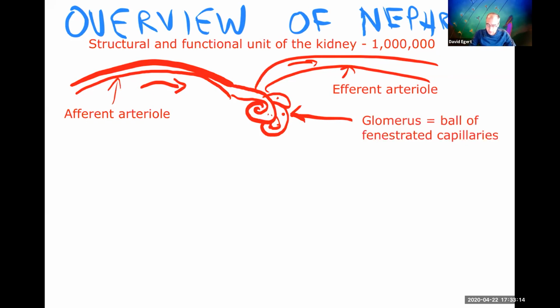What is a fenestrated capillary? That's something you should know for your test. Leaky. They're super leaky. So as the blood is coming in, a whole bunch of water and dissolved solutes leak out from this glomerulus. We call this first step filtration.